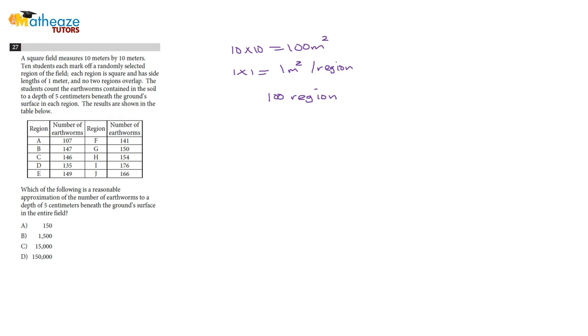If we add the number of earthworms in all 10 regions, we end up with approximately 1,500 for 10 regions. And we want to find out how to approximate for the whole field. The whole field has 100 regions, so we multiply number of regions by 10, number of earthworms by 10, so we have about 15,000 earthworms in the whole field.